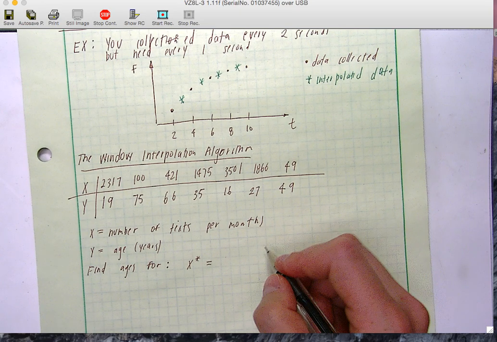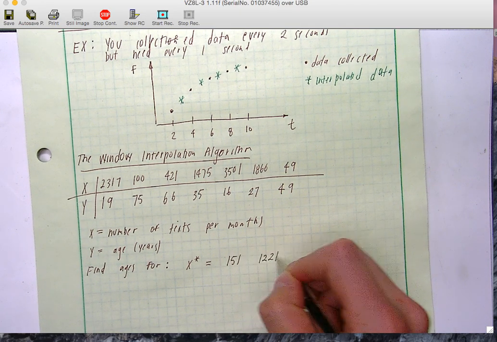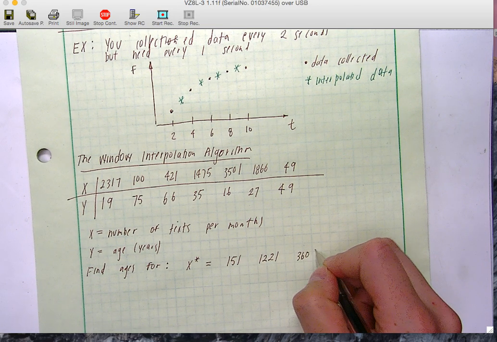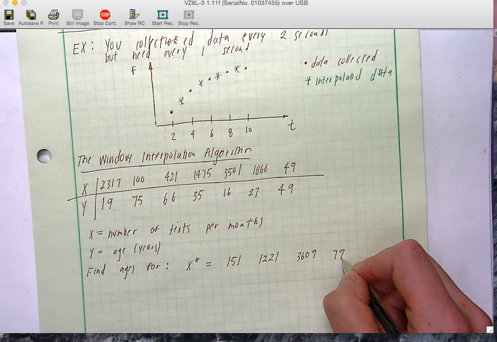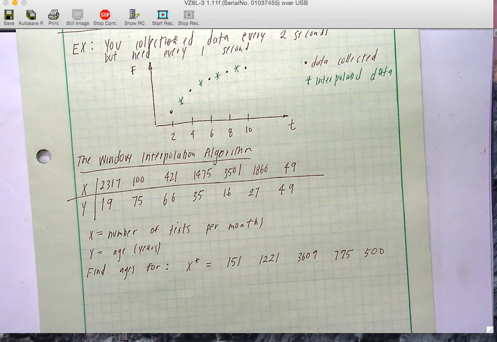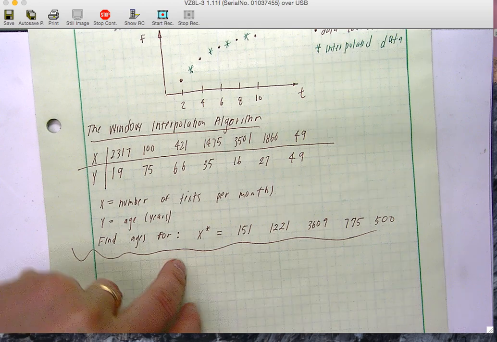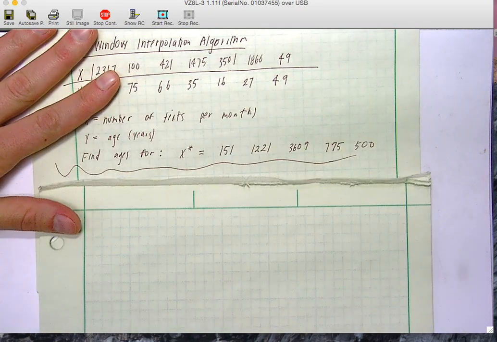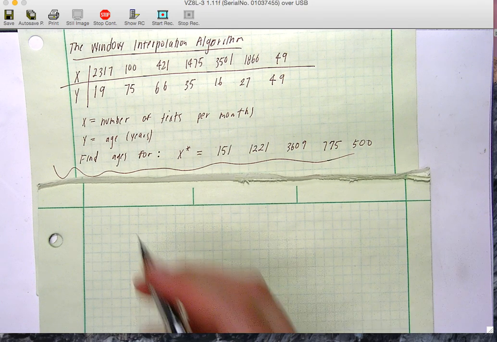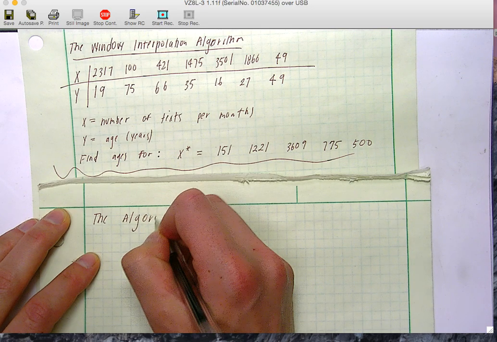So you have another set of data that has various numbers of texts, and you want to approximate for each of these number of texts the age of the person based off of the data that's given. So let's go through the steps that you would take and start thinking about this algorithm.